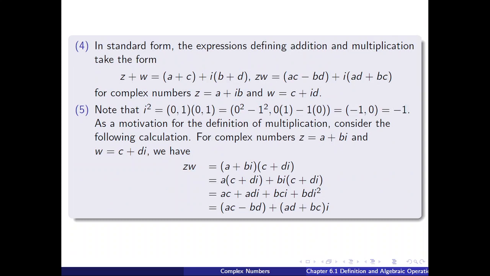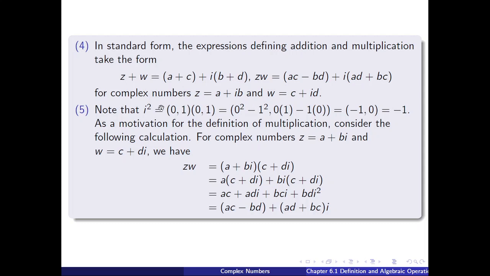Now, in standard form, the expressions defining addition and multiplication take the following form. If we do z plus w, we add the real parts and then the imaginary parts with an i, and if we do the product, then we get (ac minus bd) plus i(ad plus bc), for complex numbers z equal to a plus bi and w equal to c plus di, right?